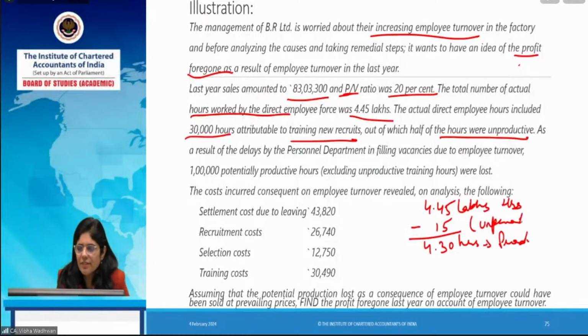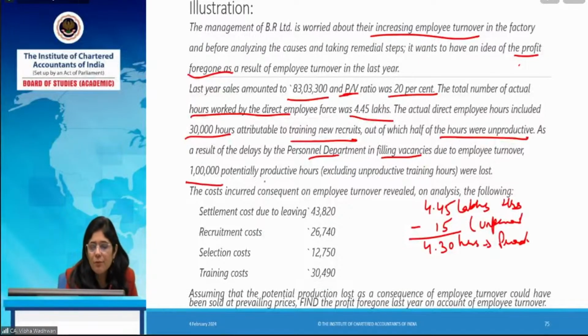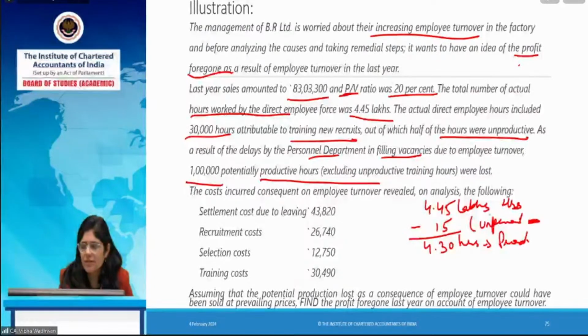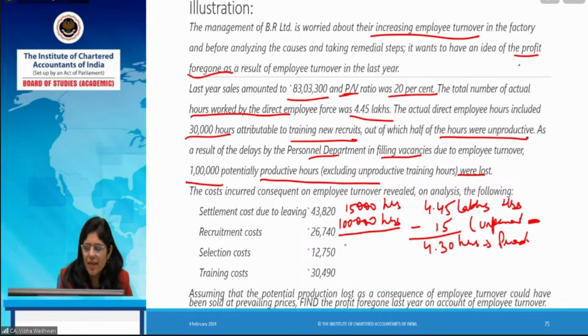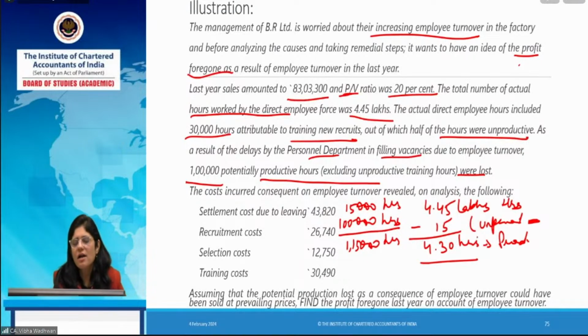As a result of the delays by the personnel department in filling vacancies, so the personnel department took time also, 1 lakh potential productive hours, excluding these 15,000 unproductive hours, were lost. So 1 lakh 15,000 hours are unproductive and 4,30,000 hours are productive.